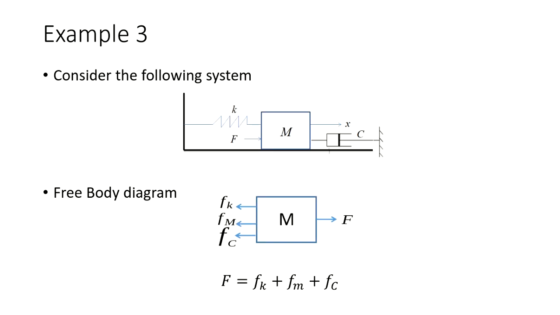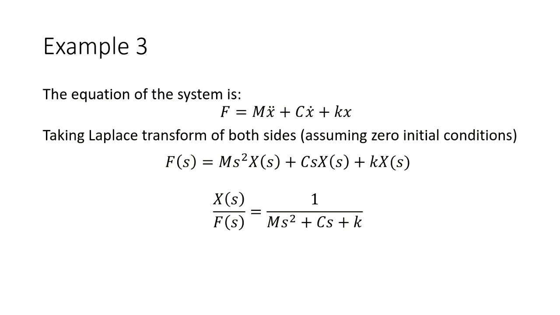After writing the equation, we know this is Newton's law, this is the damping force, c times x dot, this is Hooke's law, the spring force. And then we can take Laplace transforms of both sides, assuming again zero initial conditions.